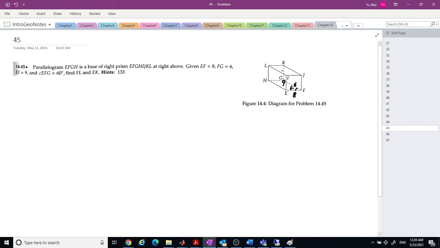If you want to find the EK and the FL, the key is to find the FH and the EG, because FHL is a right triangle and EGK is a right triangle, so we need to find the base. So now let's draw it this way.